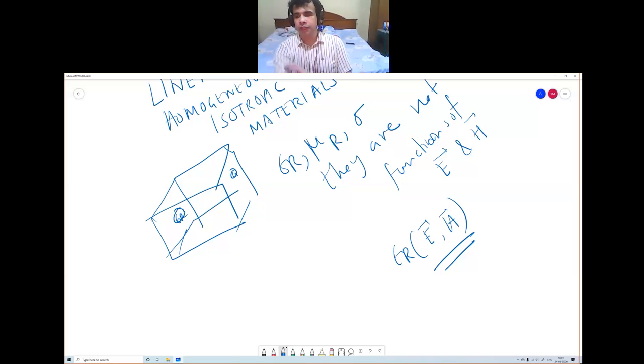The entire cube is made up of exactly the same material, and it has the exact same value of the constitutive properties, that is mu r, epsilon r, and sigma. Is it okay? In practice, no material can be truly homogeneous, but we assume that it is homogeneous for our case. Is it okay?